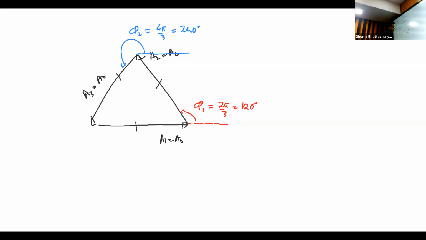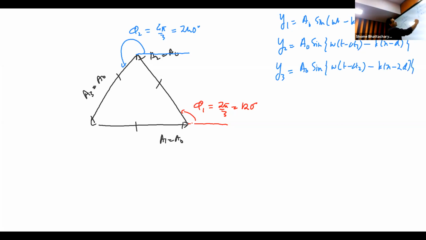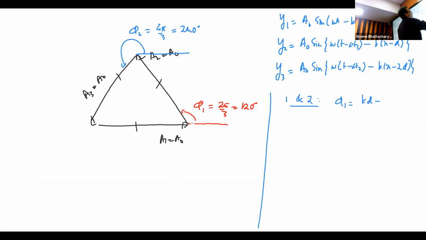Now remember that when we had given those kinds of delays, my wave equations were such that, comparing these, you can see the phase difference between 1 and 2 is kd minus omega delta t1.